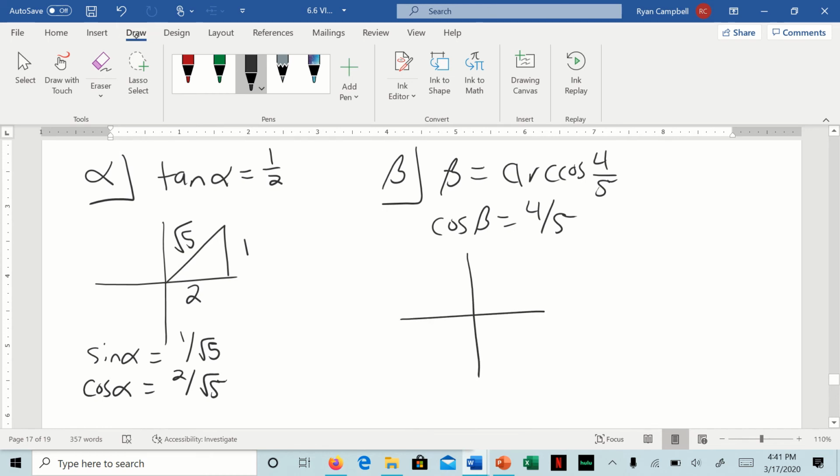For cosine, we're going to be in the first quadrant and the fourth quadrant, because cosine, we think the x variable. However, it gave us arccosine. So arccosine can only be between the first and the second quadrants, which means we are in the first quadrant. Going through these steps is important because if this was all I gave you, you would actually have two different triangles. All right.